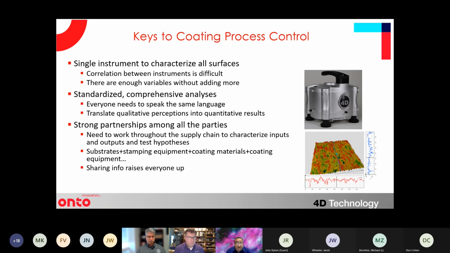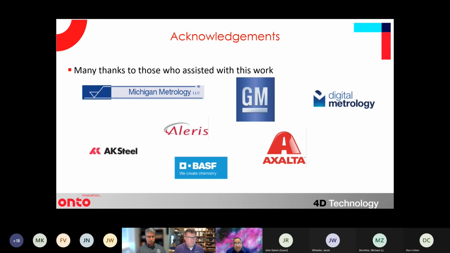And I've been really pleasantly surprised as we work in the industry at the strong partnerships there are. And that's a little bit recognized here where we have metrology consultants and experts such as Michigan Metrology and Digital Metrology working with folks like GM and the other automotive end customers, and then again the material suppliers, AK Steel, Alaris, etc., and then the material guys from Axalta, BASF, and more.